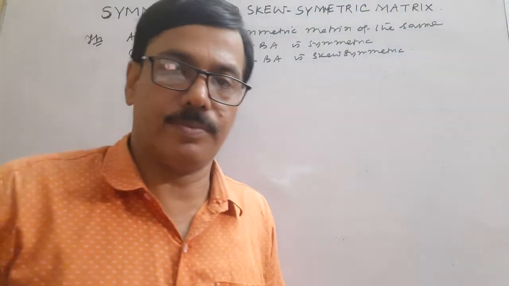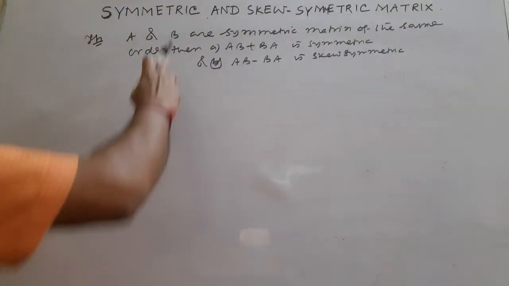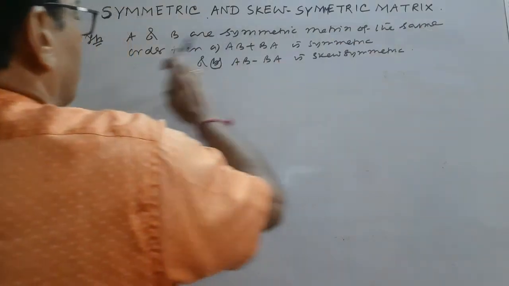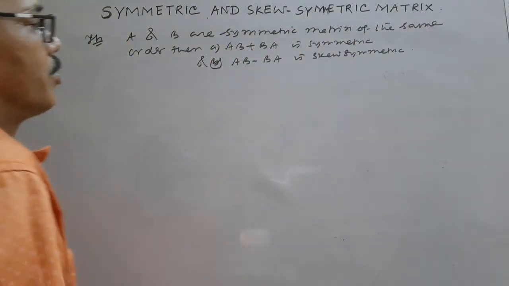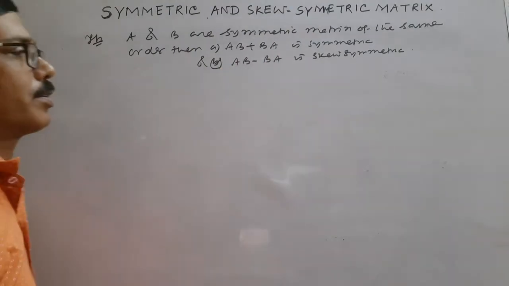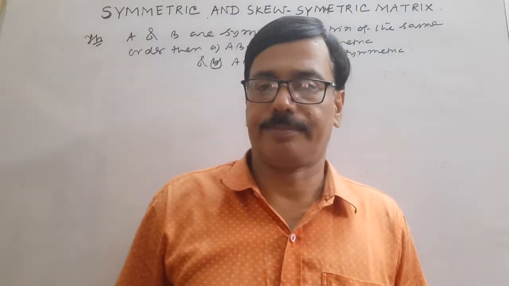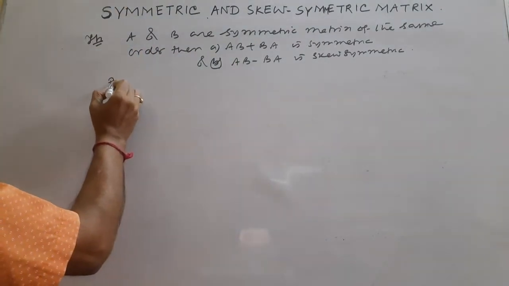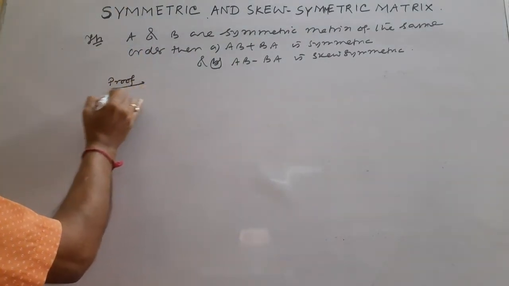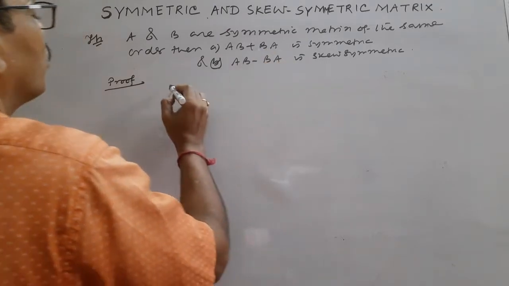Next theorem: A and B are symmetric matrices of the same order, then prove that AB plus BA is symmetric and AB minus BA is skew symmetric. The most important theorem proof, a very simple proof.